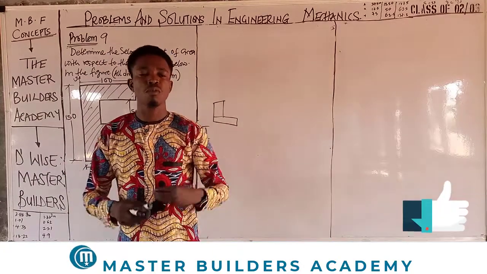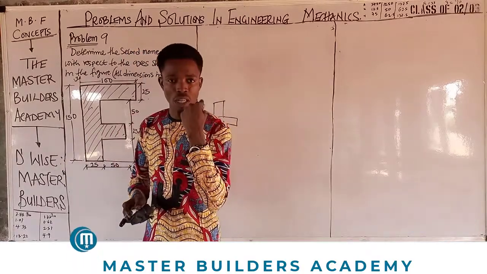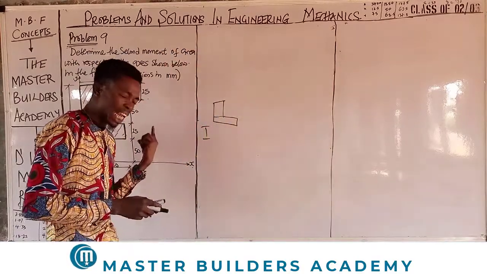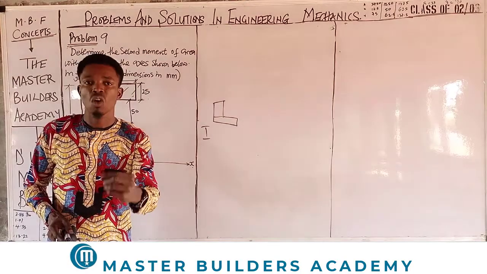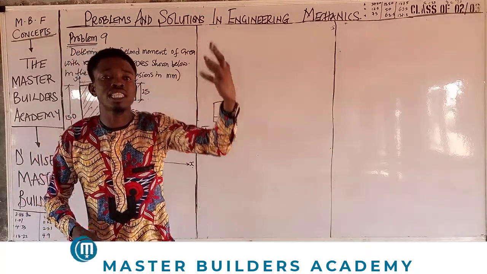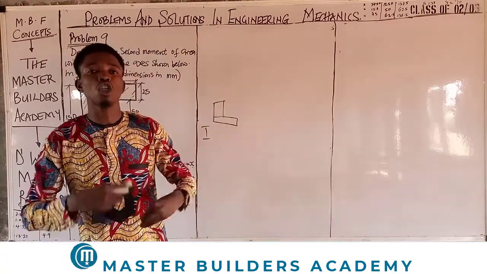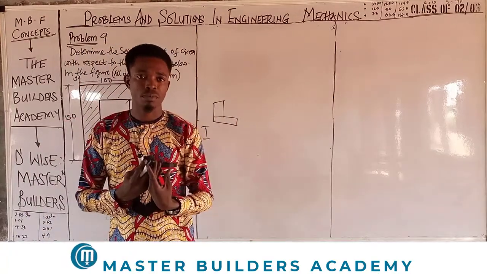So what do I need to do? Having known that I'm looking for the second moment of area for this section, guys, what you need to understand is to check for symmetry. Why do you need to check for symmetry? So that you will know whether you are calculating y bar, or you are calculating s bar, or you are calculating both.